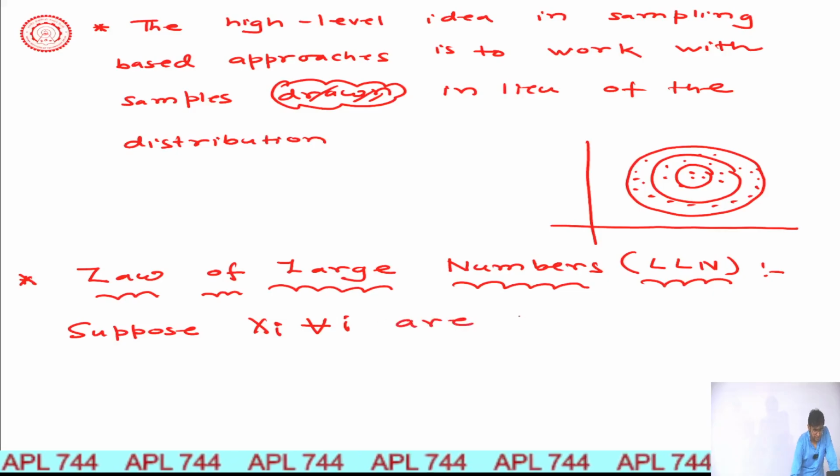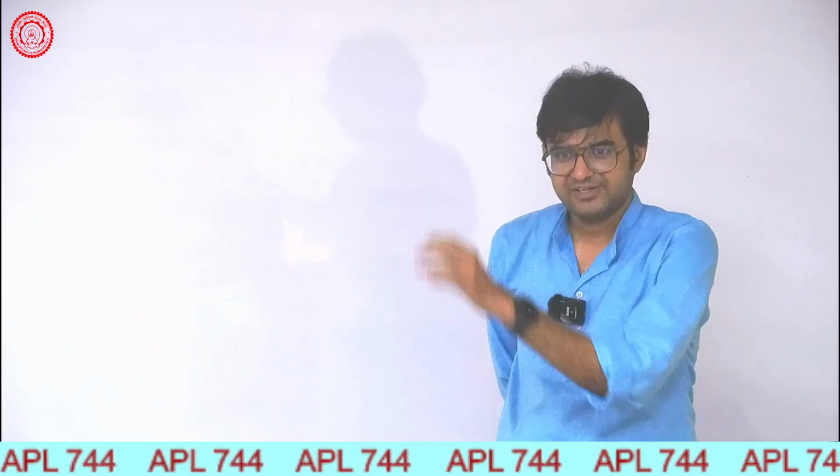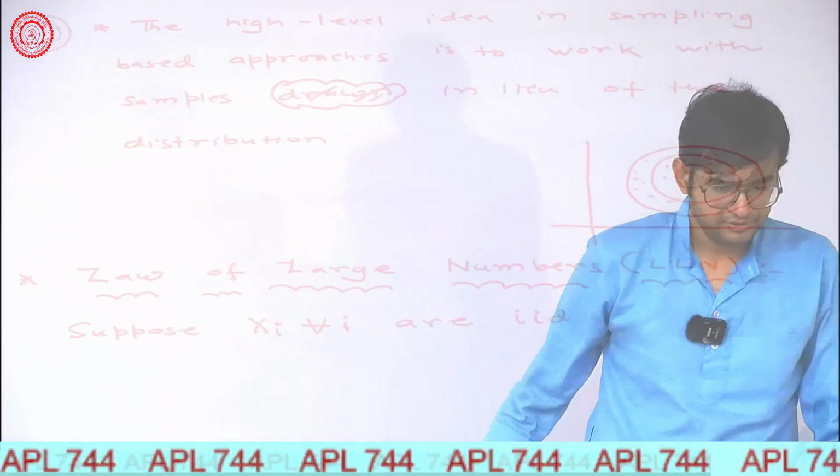Remind me, what is the full form of IID? Independent and identically distributed. Okay. So suppose xi for all i, and when I say for all i, I mean i varies from 1, 2, 3, 4 and can go as high as I want, are IID.